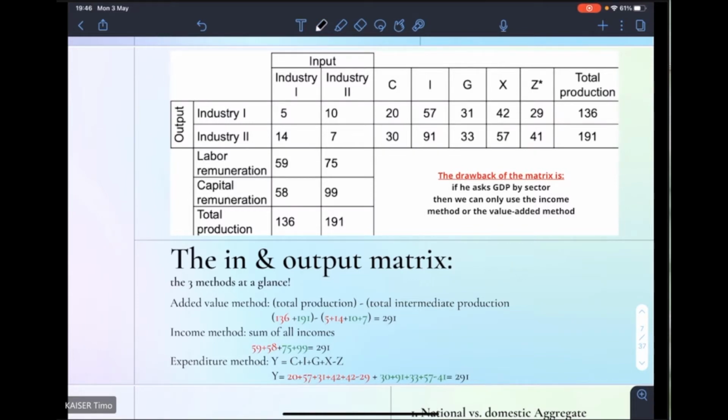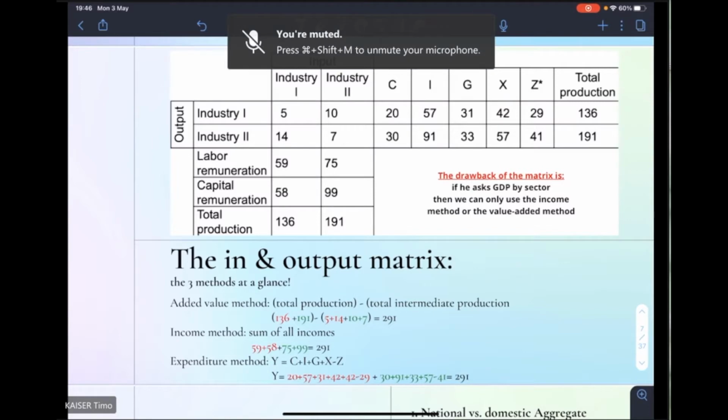And now let's go to the expenditure method, our famous macroeconomic equation. You have everything here written down, what is what, and you just apply this formula. You add all these together, and subtract this one, and you will get the same GDP as well. Okay, and that is actually the input and output matrix. I hope it's clear.